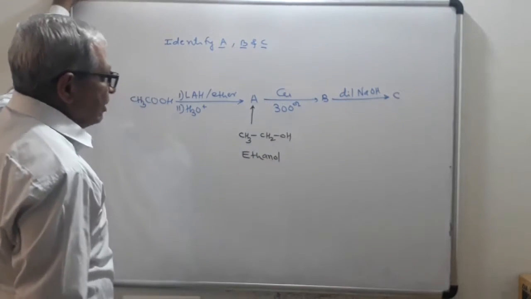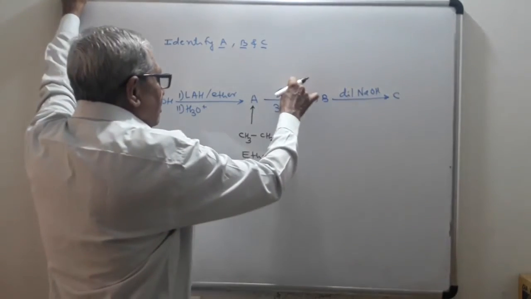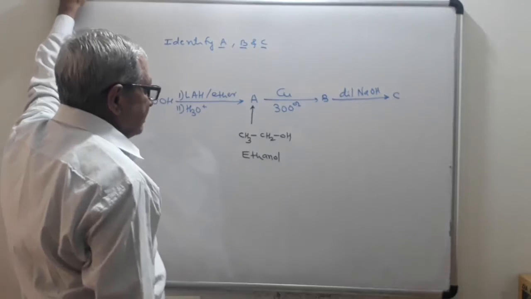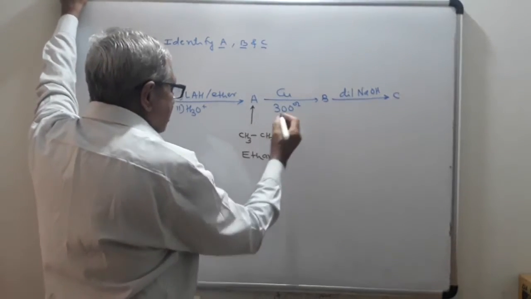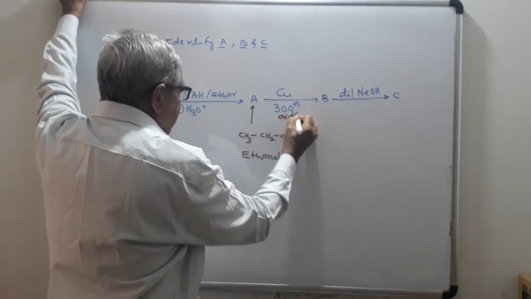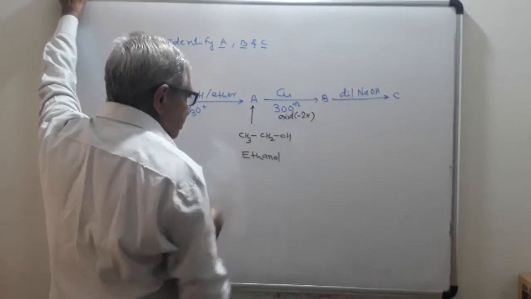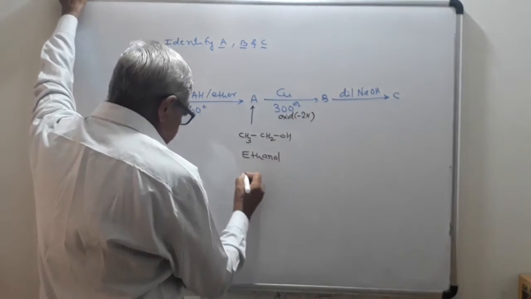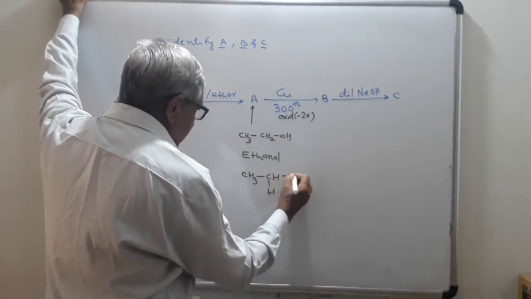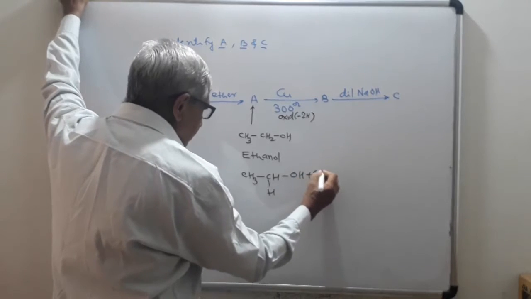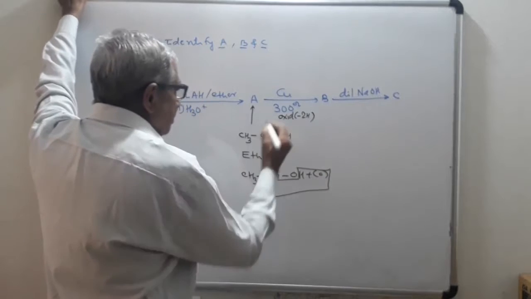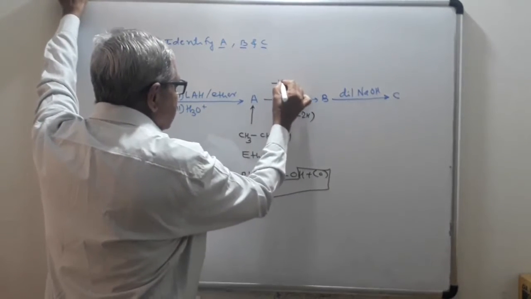When primary alcohols are heated with copper at 300 degrees centigrade, they undergo an oxidation reaction, that is, 2 hydrogen atoms will be removed. Now see here, this ethyl alcohol can also be written as CH3CH2OH. You can remove the hydrogen atoms here, minus H2.